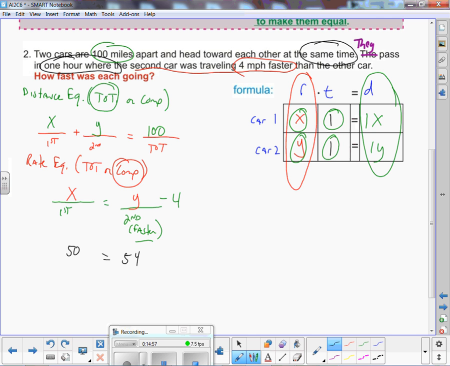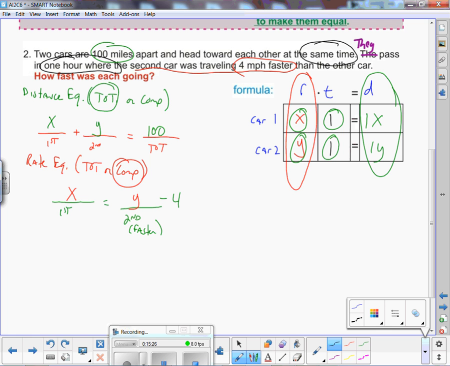How do I make 50 equal 54? Take away 4 from the 54. These numbers don't matter. You can pick any numbers you want. You're just using it to figure out what to do with this 4. Now I will say this, just as easily as I took 4 away from the right, I could add 4 to the left, right? You can add 4 to the slower one to make it equal. But that's it. We now have our 2 equations and we're in great shape.